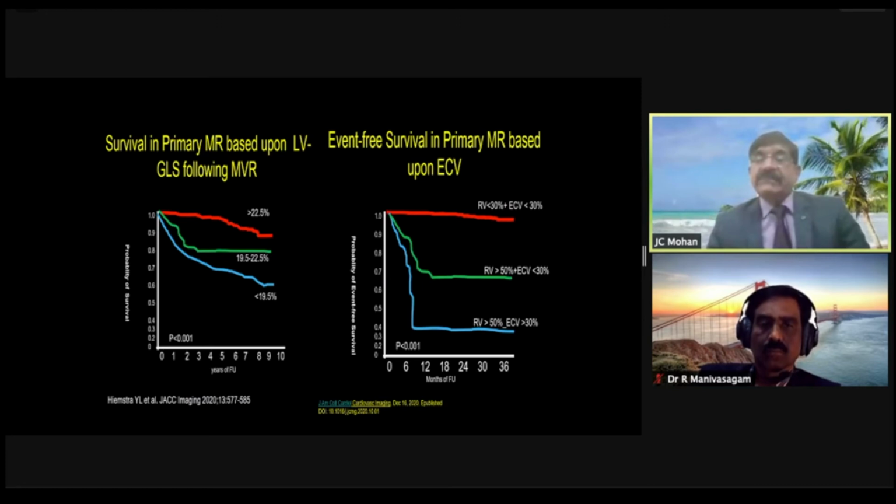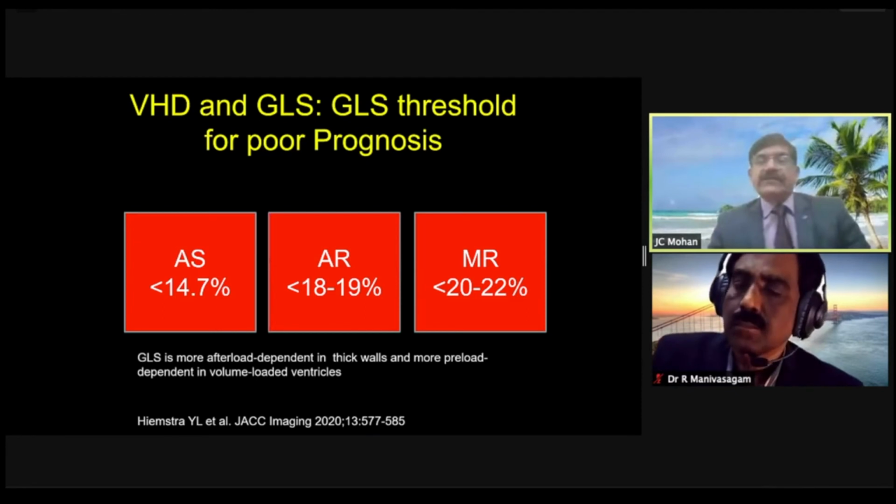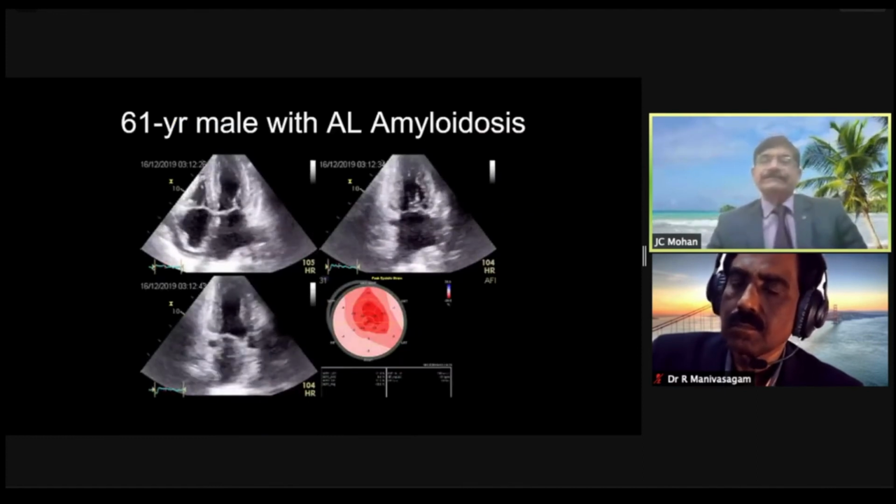Similarly, if the extracellular volume goes above 30%, patients are going to behave very badly, indicating need for including global longitudinal strain as a parameter to decide early surgery in asymptomatic valvular heart disease. So in valvular heart disease, in aortic stenosis, the cutoff is around 15%, AR is about 18 to 19%, MR is 20 to 22%, because it is to some extent load dependent.